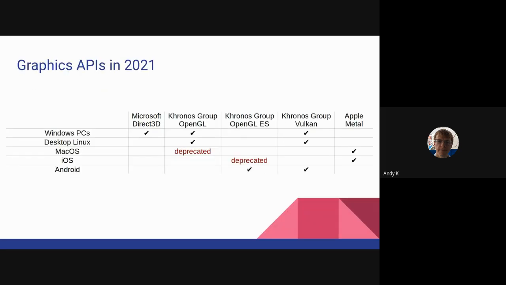So that brings us to the present day, where we have Direct3D, OpenGL, OpenGL ES, Vulkan, and now also Apple Metal. So these are the lowest level graphics APIs across different platforms. And Vulkan is beginning to come in. If you've got a modern PC, you can play Doom Eternal with Vulkan if you want.